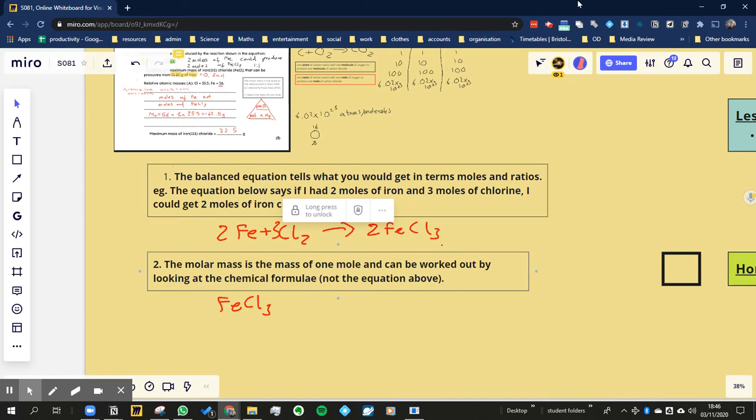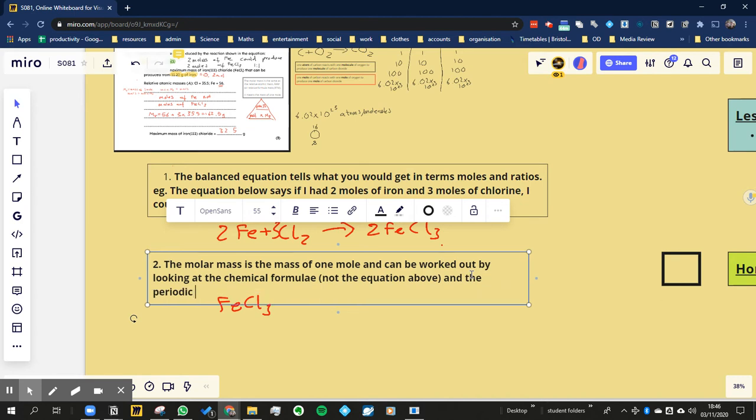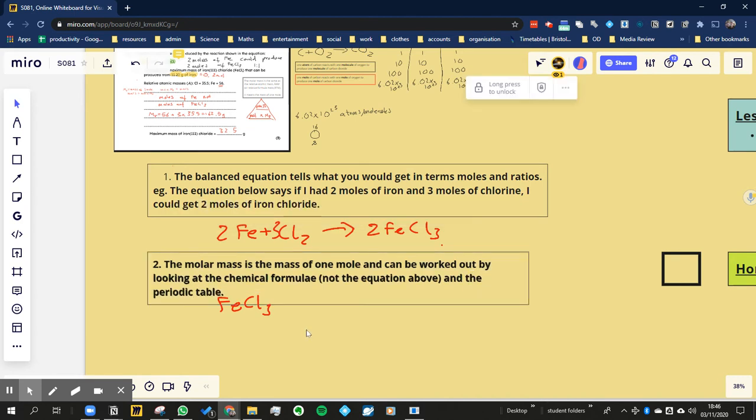And also we would have to look at the periodic table. So looking at the chemical formula, not the equation above, and the periodic table.